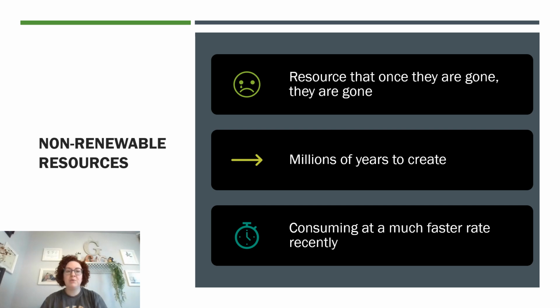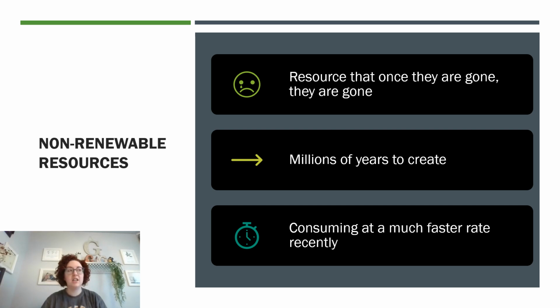And then non-renewable resources. So we have to understand that there are certain things on this planet that once they're gone, they're gone. Because they either were established with the Big Bang and that was it, or it takes millions of years for it to be created. Fossil fuels are one of those things. Our fossil fuels that we're using, remember, date back all the way to the Carboniferous era.